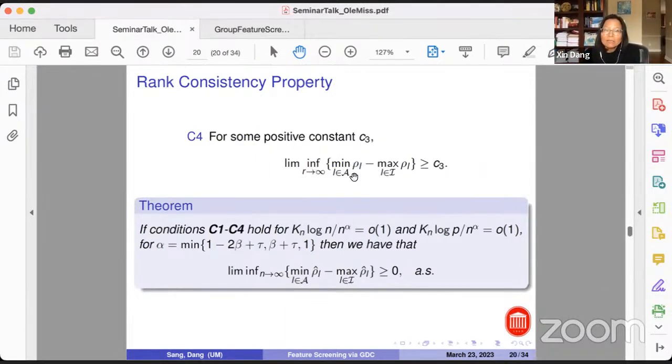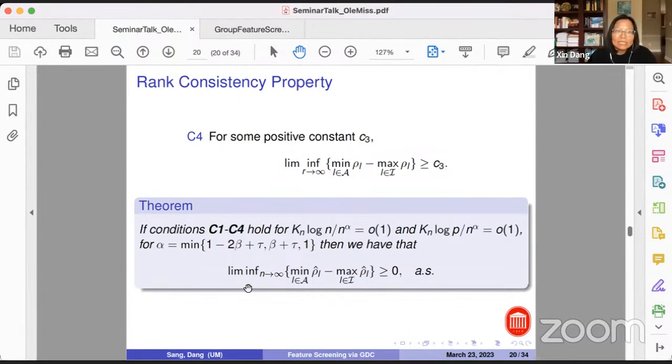It talks about the minimum of the correlation in the active set minus the maximum in the inactive set, so there is a gap between those two sets of correlations. That basically says the smallest correlation in the active set is bigger than the largest in the inactive set. So the population has some gap, some constant C3.